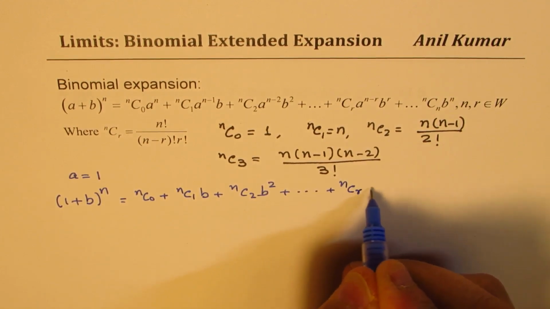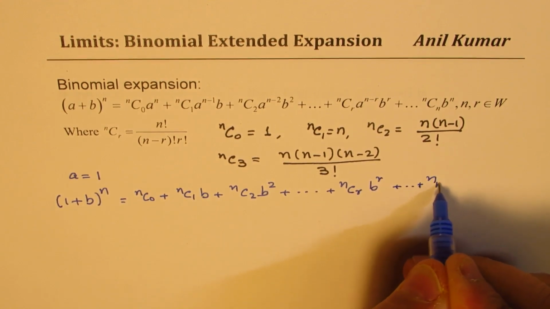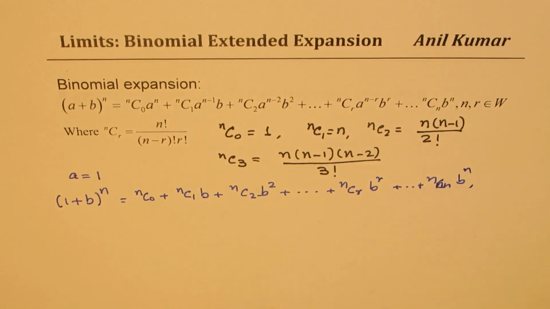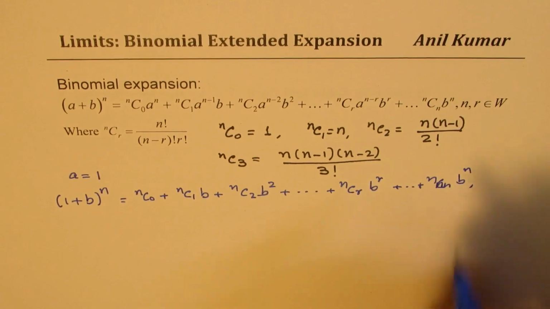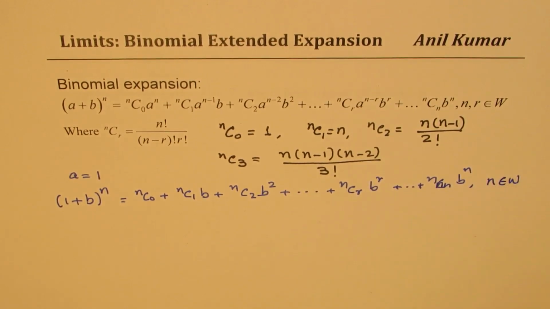So nCr b to the power of r, up to nCn b to the power of n, correct? So the series will now get converted like this. Now this is an extremely important series which we are going to use many times to find limits.